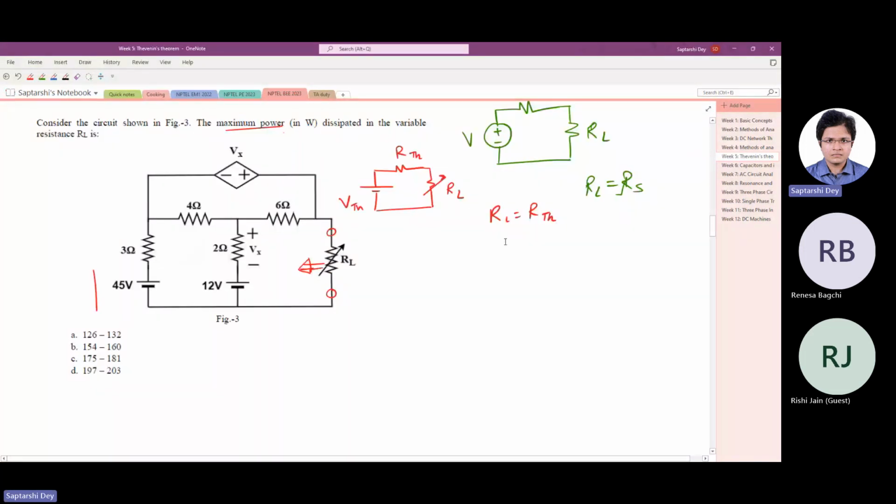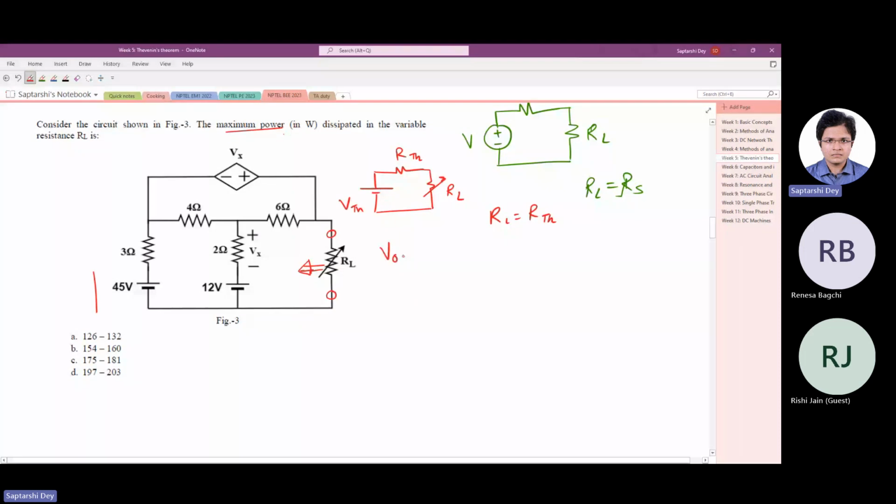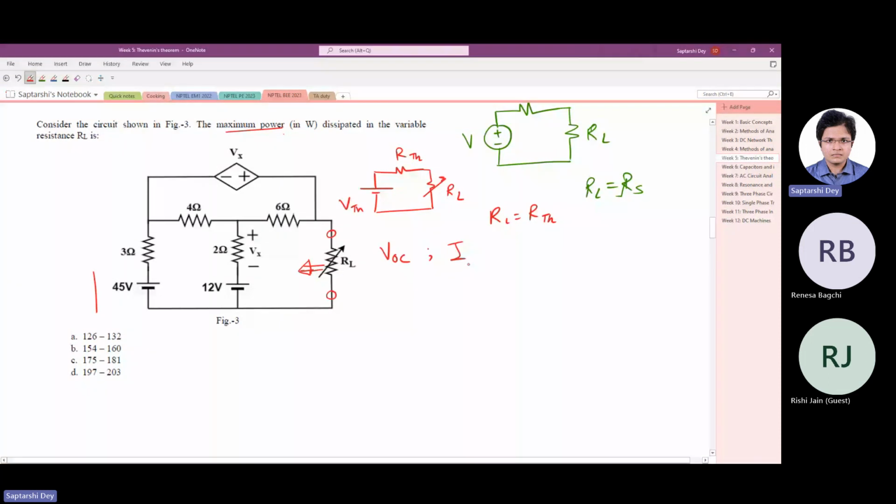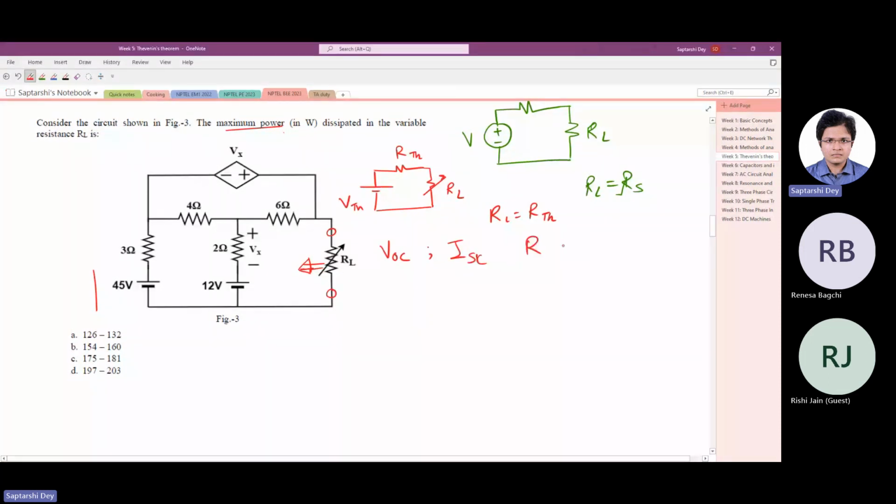As I said, there are dependent sources here, so we cannot simply disable the sources, that is, short circuit the voltage source and open circuit the current sources. So what we have to do is find the open circuit voltage at this point and the short circuit current at this point, and the Thevenin resistance will simply be the open circuit voltage divided by the short circuit current.